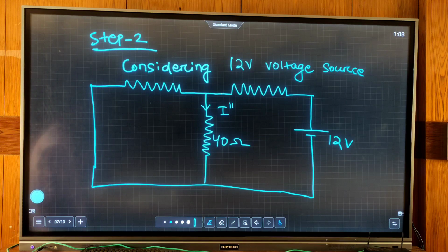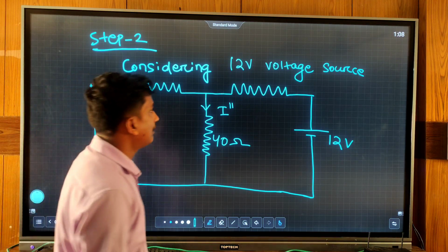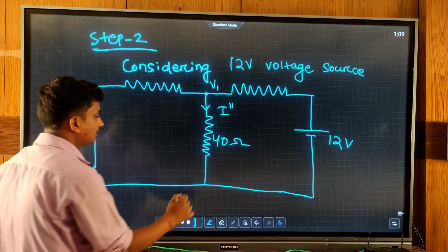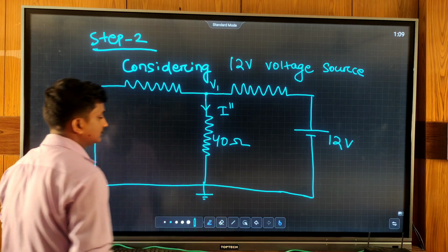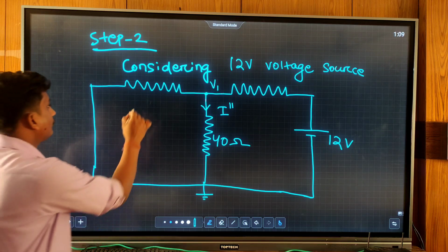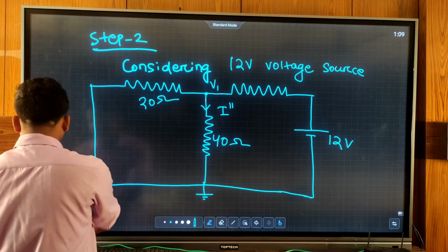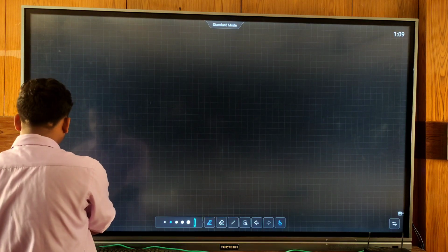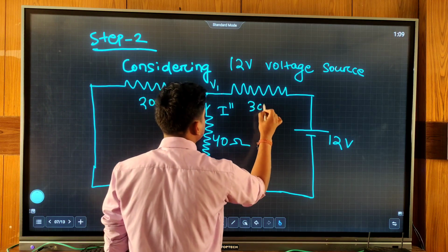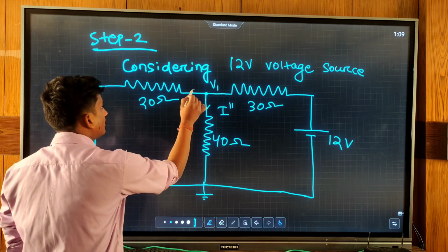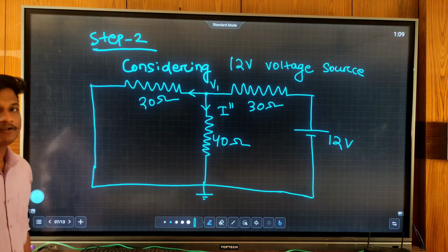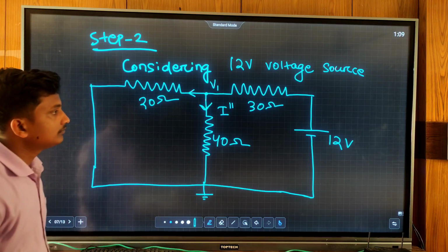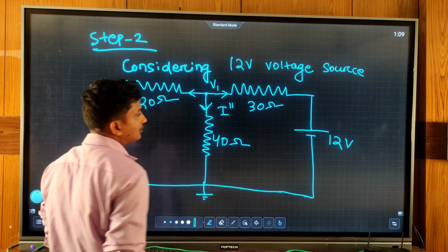Here we can also apply nodal analysis by taking the potential here and a reference here. This is my 20 ohm resistance and this is my 30 ohm resistance. The current flowing through this resistance will be V1 by 20, the current flowing through this resistance is V1 by 40, and the current flowing through this resistance is (V1 minus 12) by 30.